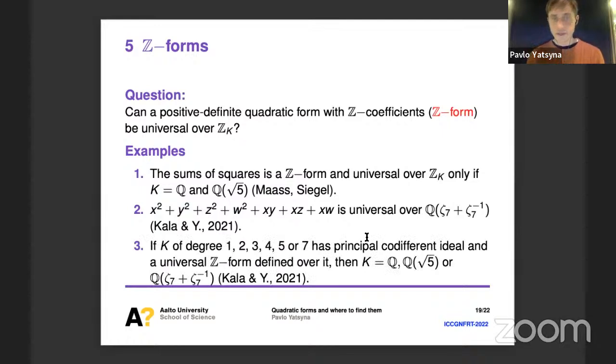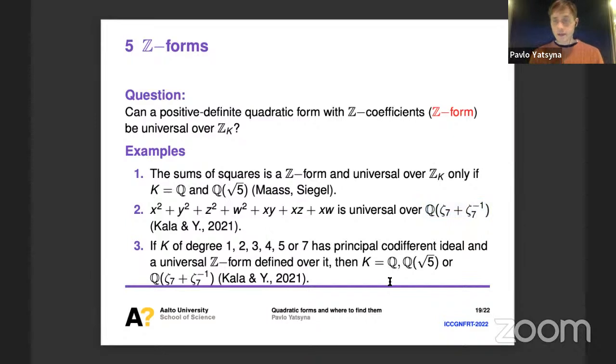We show that given a totally real number field of degree 1, 2, 3, 4, 5, and 7, so 6 here not omitted by mistake, such a number field for which the codifferent is principal, and which has a universal quadratic form defined over it, then this number field has to be one of these number fields mentioned above. So it needs to be either the rational integers, Q adjoined square root of 5, or this maximal real subfield of the 7th root of unity.